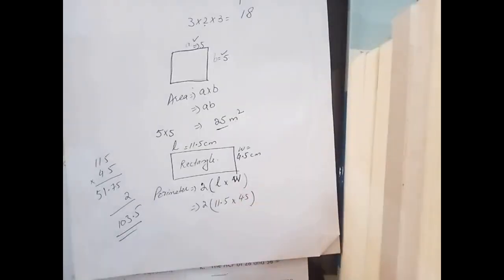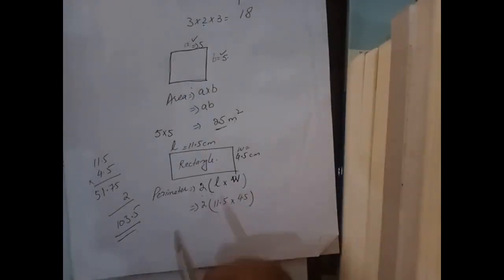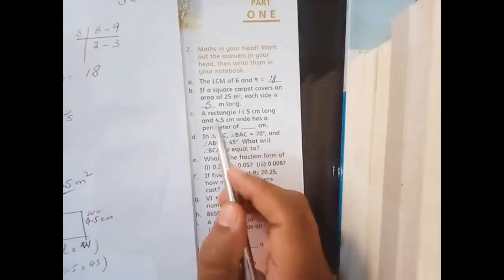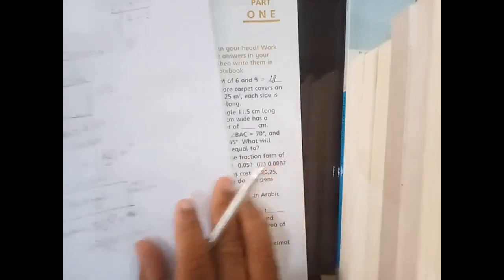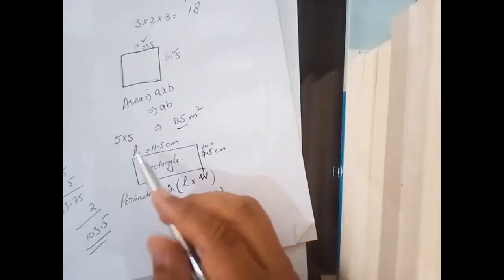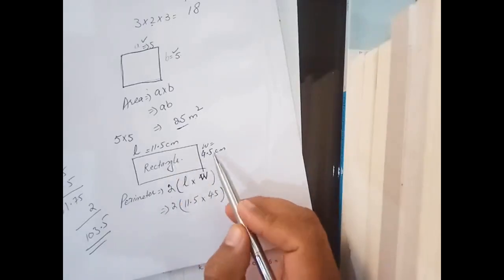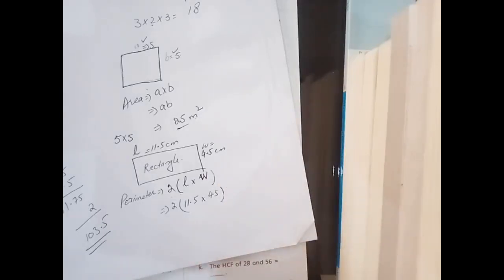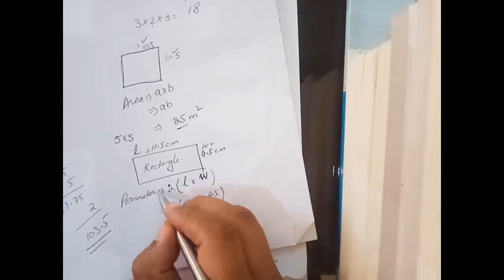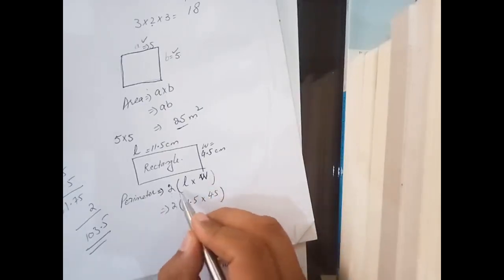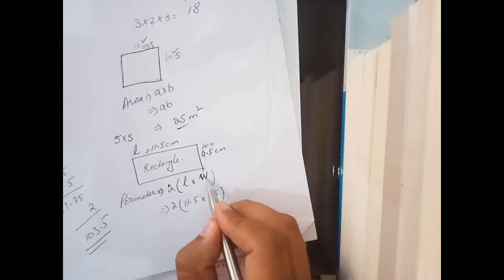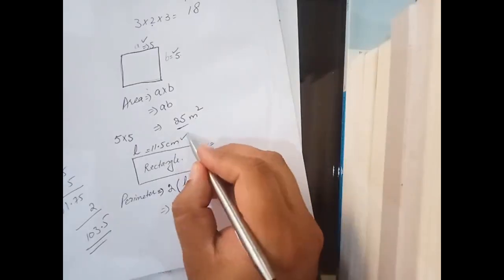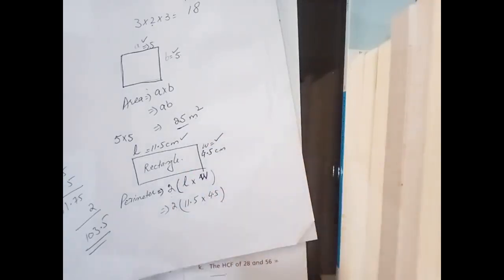All right, to find the perimeter of this, we need to identify the length and the width as given in the question. If you can see, long is the length, wide is the width. So length is 11.5 centimeters and width is 4.5 centimeters. To find the perimeter, this is the formula we use: 2 into length multiplied by width, and that would be 2 into 11.5, that is the length, and 4.5, that is the width, right?